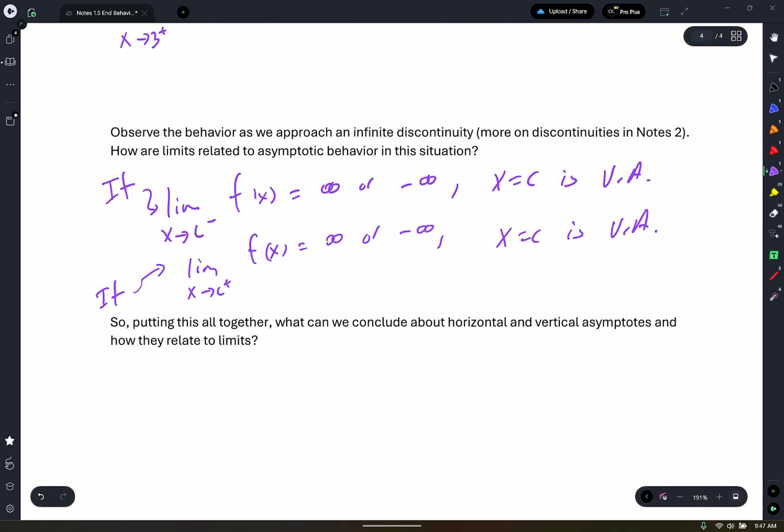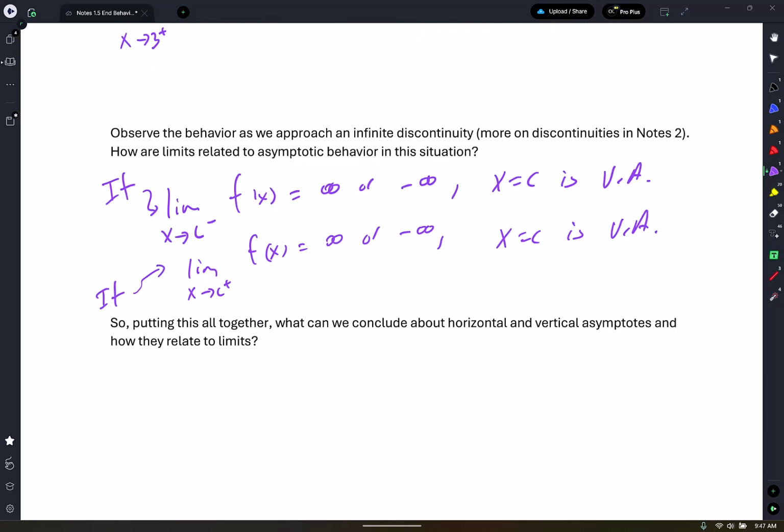All right, so putting it all together, what can we conclude? For horizontal asymptote, let me change it back to red. If the limit approaches c and you have an output like a value, a limit, an L, then you don't have an infinite discontinuity because you're approaching a value.